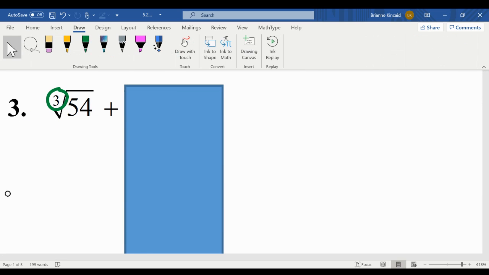So I start and I look for the biggest cube that is going to divide into 54. The biggest perfect cube that divides into 54 is 27. So that's the cube root of 27 times the cube root of 2. 27 times 2 will bring us back to 54.